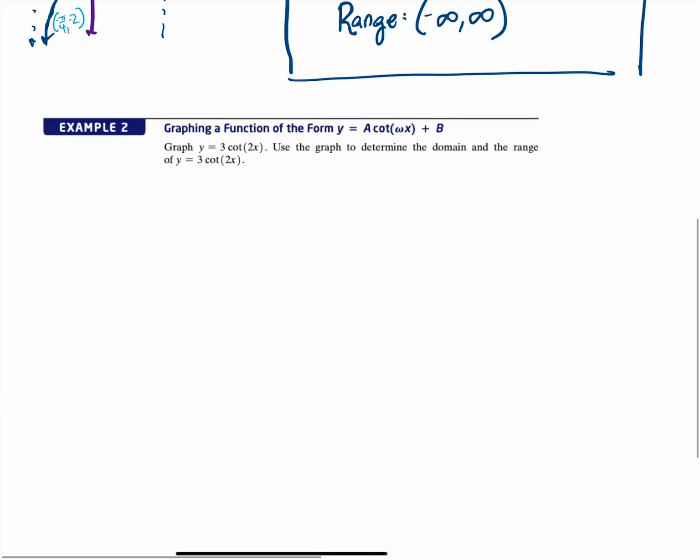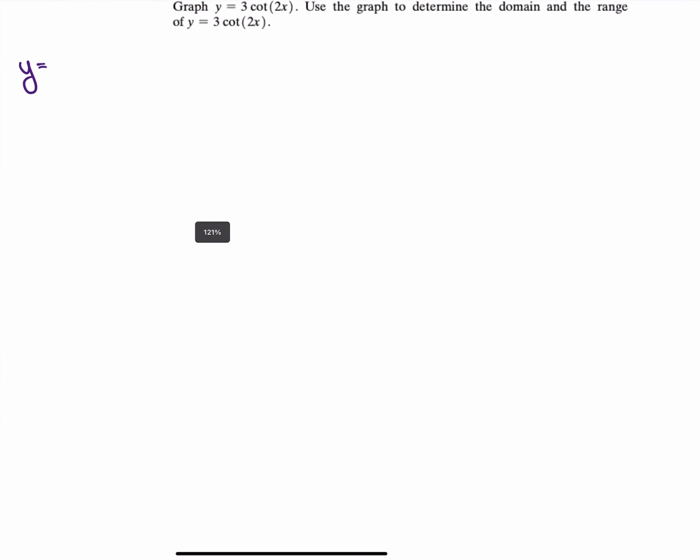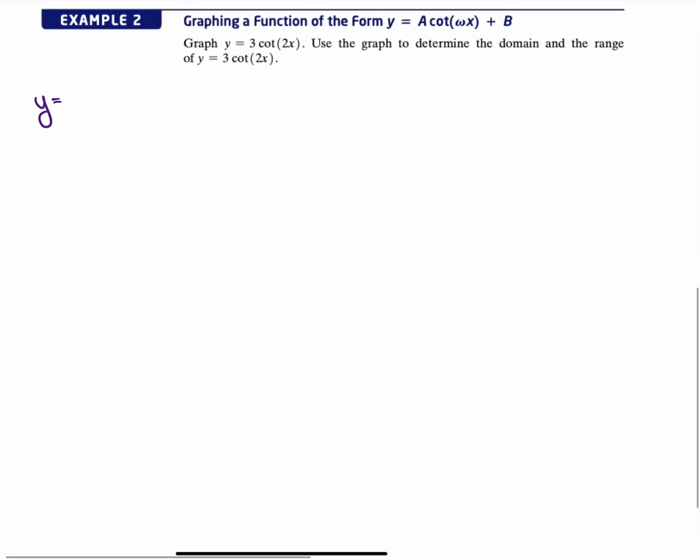All right, let's look at one involving the cotangent. So we have y equals 3 times the cotangent of 2x. So what's happening to this graph? I see the 3 out in front.